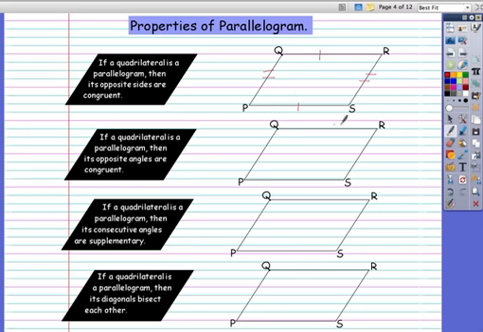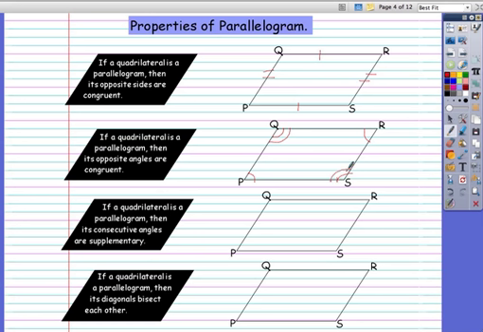So opposite sides are congruent. Also, opposite angles are congruent. So here I have angle P. In a parallelogram, the angle opposite it, R here, is going to have the same measure. They are congruent angles. So for angle Q, its opposite angle S is congruent.